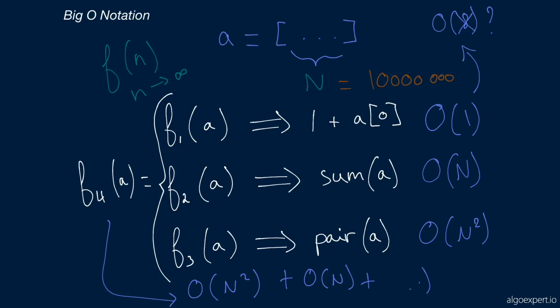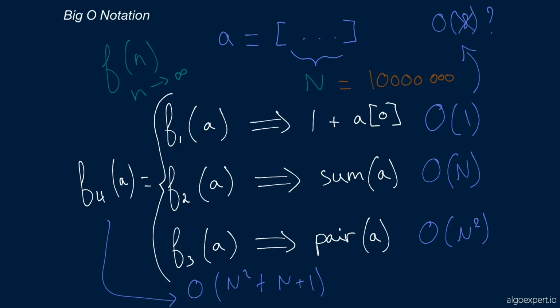And you could write this as O of n squared plus n plus 1. But here, what I was hinting at just before is that as n tends toward infinity, this n squared becomes gigantic when compared to this n or to this 1.